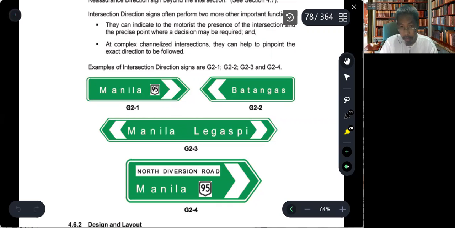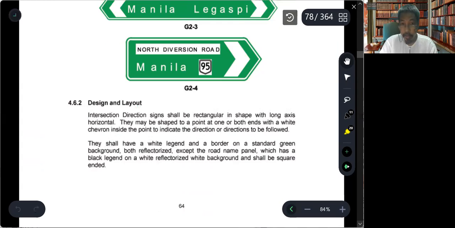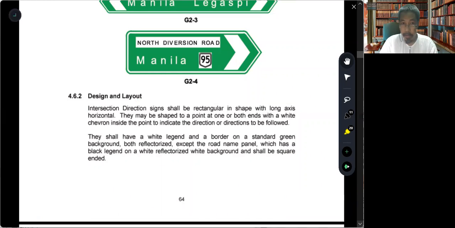So those are the standard design layout. Also, the shape looks like an arrow.